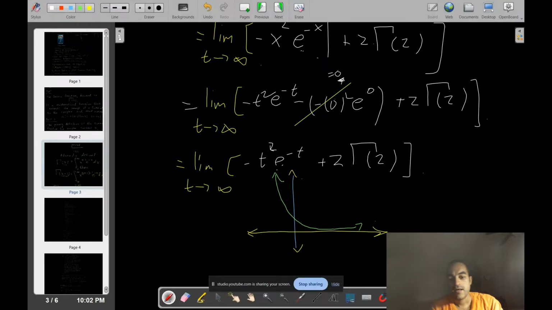Now as t is approaching infinity, infinity is the positive x-axis, going like here, positive infinity. So as t approaches positive infinity, e to the negative t approaches 0. It has to, because on the x-axis, we know that e to the negative t has a horizontal asymptote, correct?